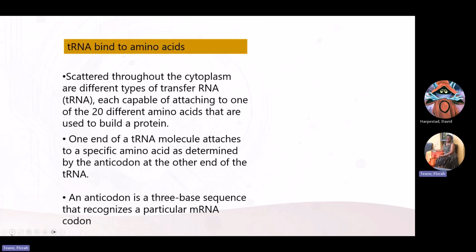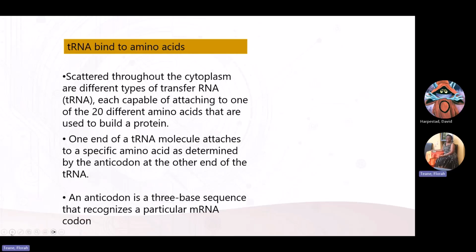Then when this messenger RNA has attached itself on the ribosomes, carrying the message about a particular protein to be formed, the transfer RNA, remember I said we have three types of RNAs, the messenger, the transfer, and ribosomal. Now the transfer RNA is the one that will select amino acids from the cytoplasm. I said we've got 20 different types of amino acids.